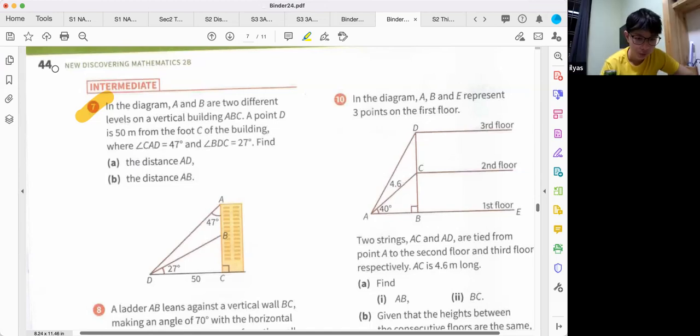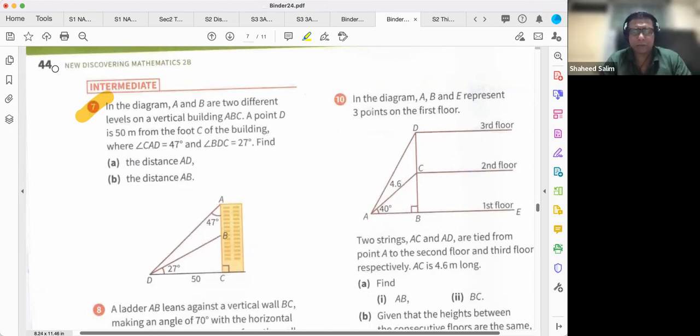AD, the angle is 27, right? Yeah, 27. BDC. What are you using?